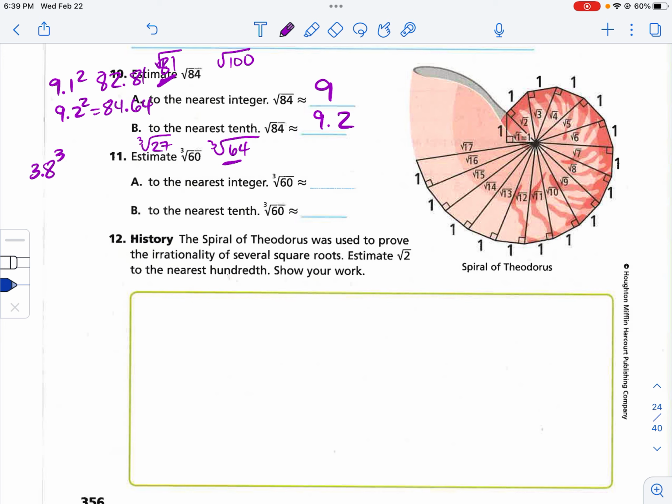So 3.8 times 3.8 times 3.8. This will get me 54.872. Okay, so it's close, but it's not quite there yet. So 3.9 cubed, times 3.9 times 3.9.